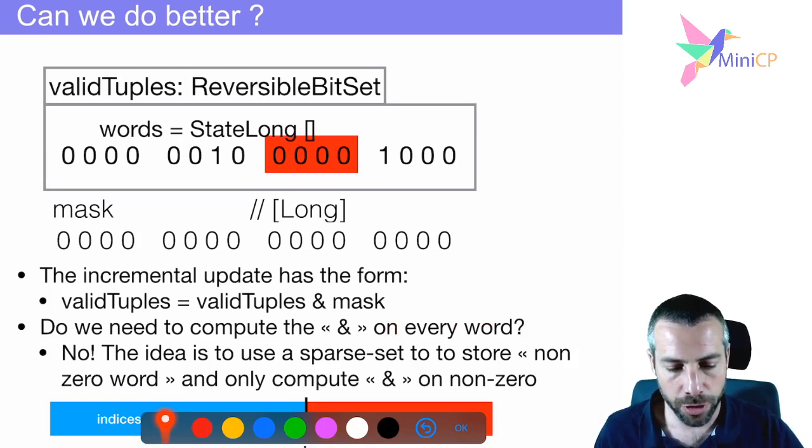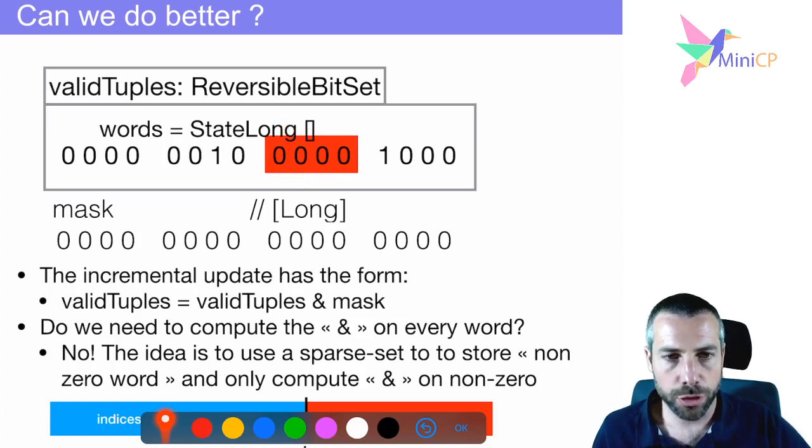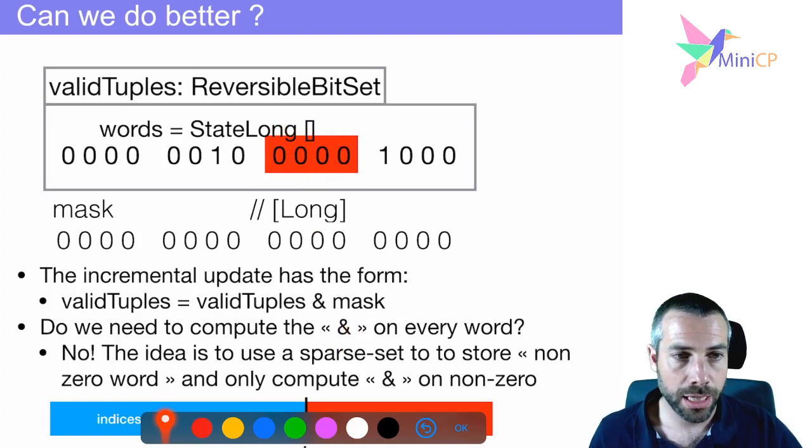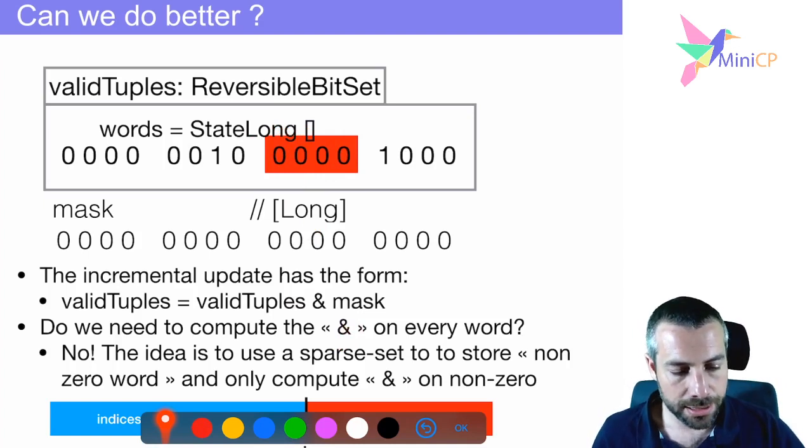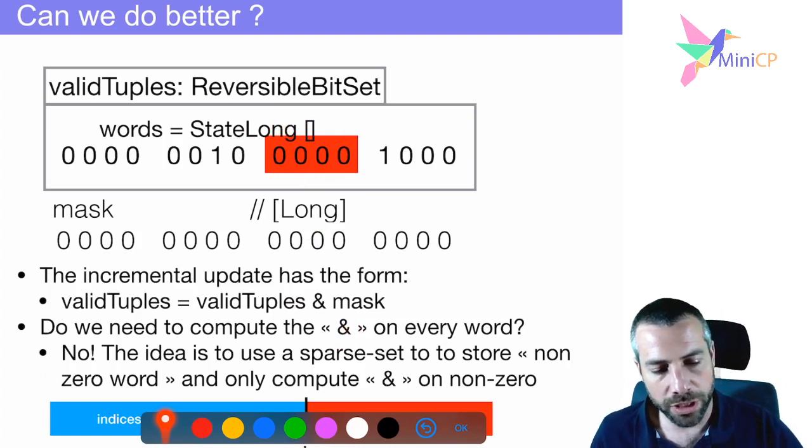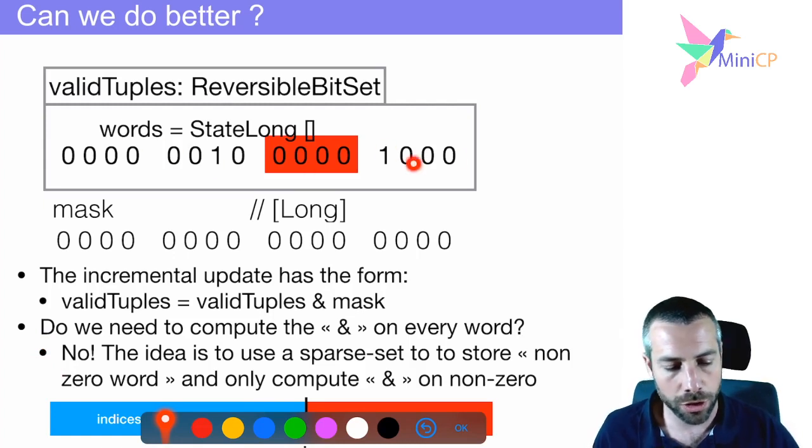If you perform an AND with a long that is already 0, you know you will get 0 as a result. So instead of doing it on all the different words, we will only do it on non-zero words, and this will be more efficient.